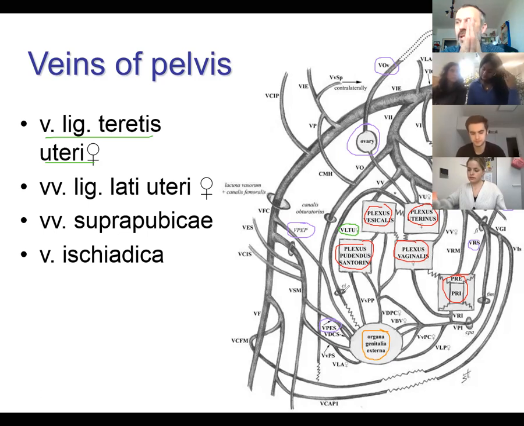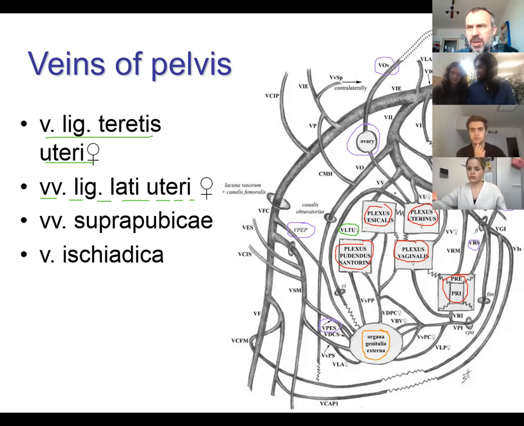And this vein can serve as a channel interconnecting varices of the lower limb and varices of the pelvis. It is then joined with the broad ligament, which has many small veins in it. When they are enlarged in pelvic varices, you can see these veins using ultrasound, for example.